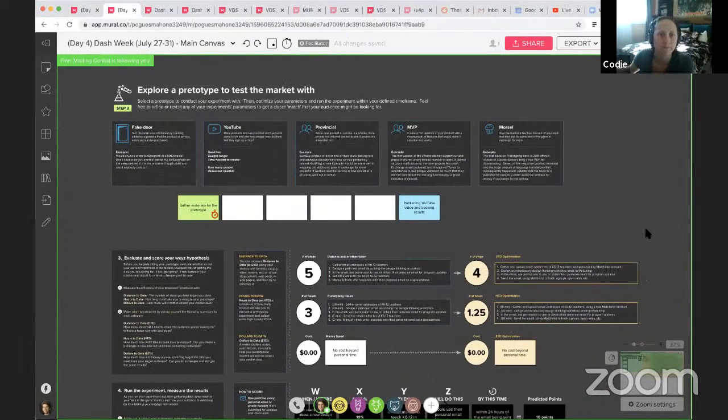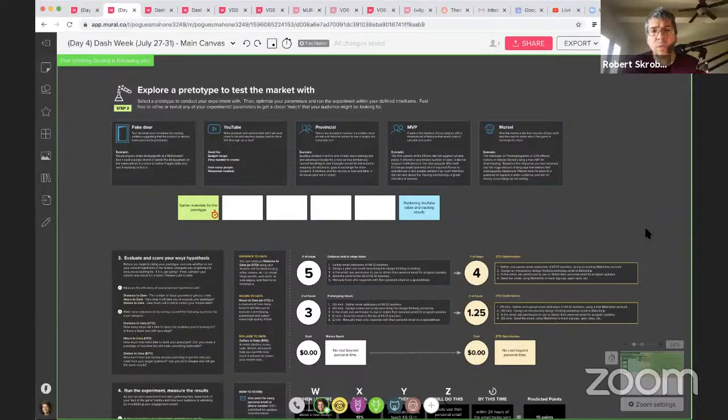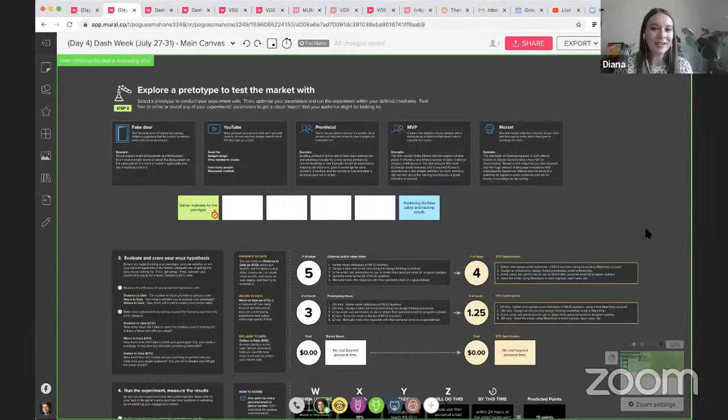Yeah. Okay. Diana, what are your thoughts? So this definitely looks like what I was missing yesterday, this whole exercise. When we talked about the 24-hour window, after this step, I was like, okay, so how are we going to test it?